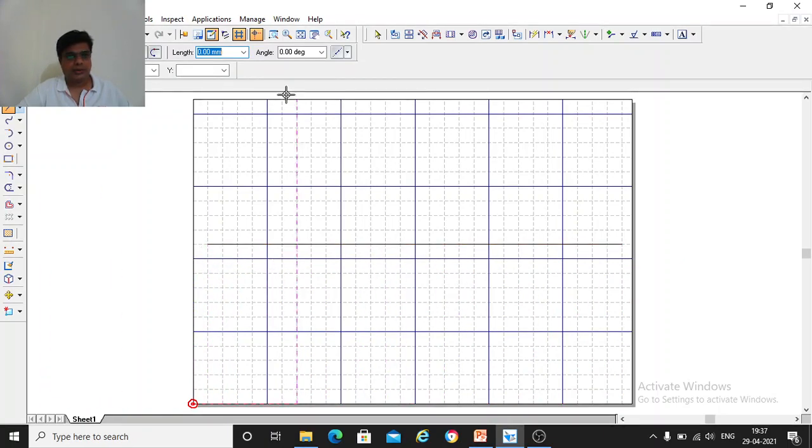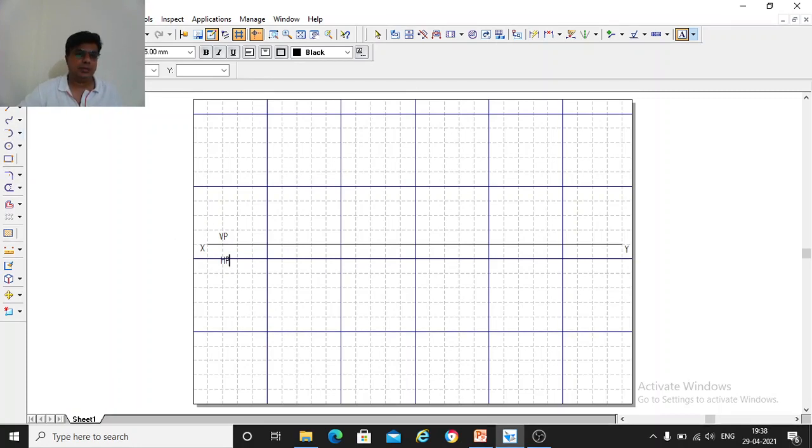Once you draw the XY line, next you should write X here, and here you write Y. Above this XY line, what is the plane? The plane is the vertical plane. So here you write vertical plane. Below this line is the horizontal plane, below the XY line it will be HP, horizontal plane.